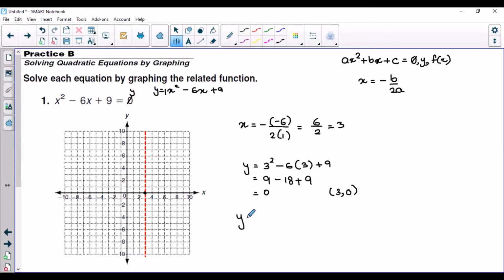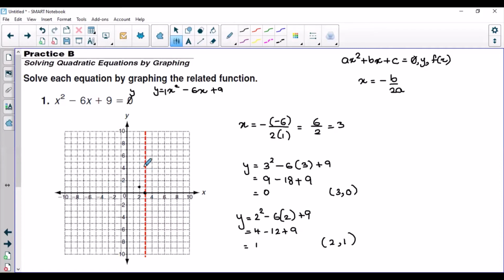Just substitute x is equal to 2: 2 squared minus 6 multiplied by 2 plus 9, that would give you 4 minus 12 plus 9. 4 plus 9 is 13, 13 minus 12 is going to give you 1. So this is one of the pairs of coordinates we have, 2 and 1. So 2 and 1 is going to be here.